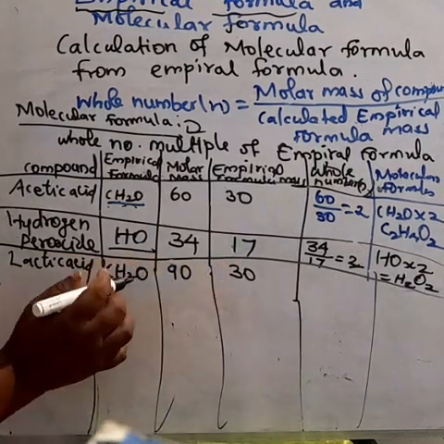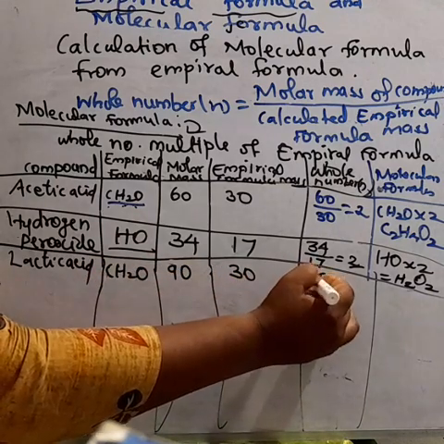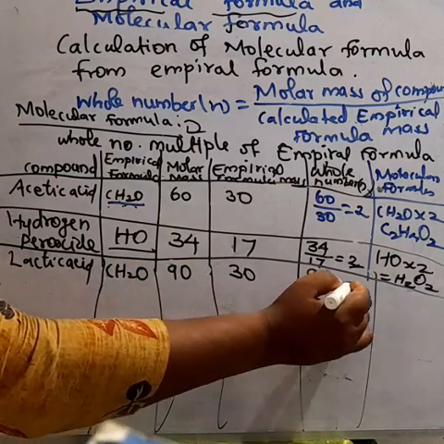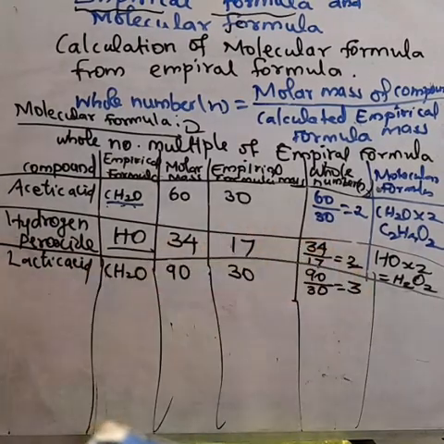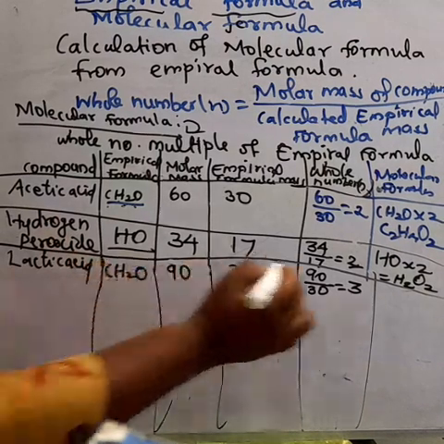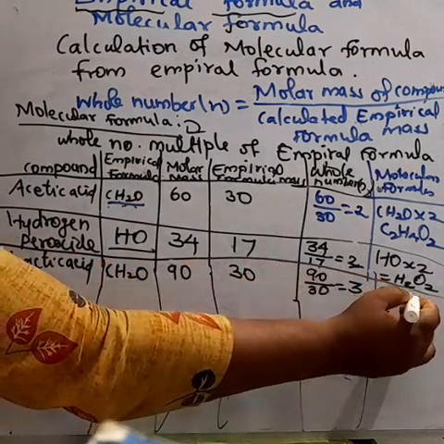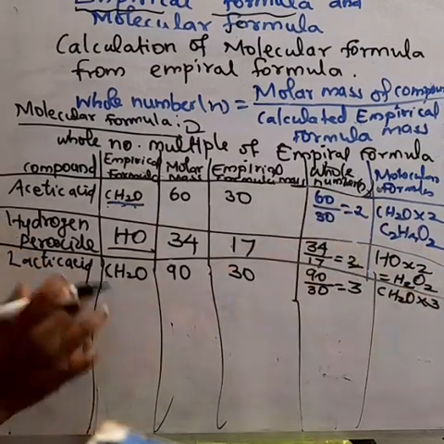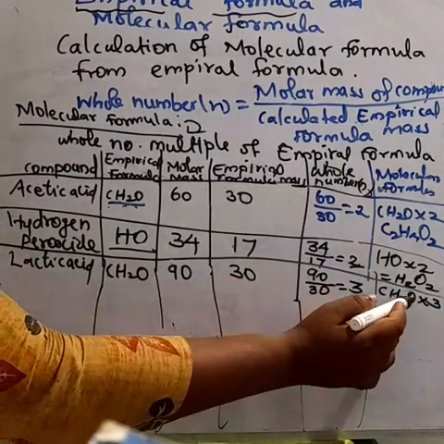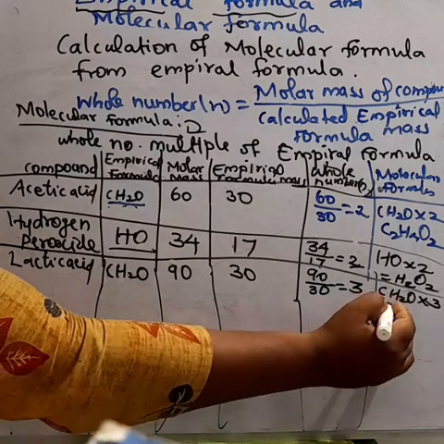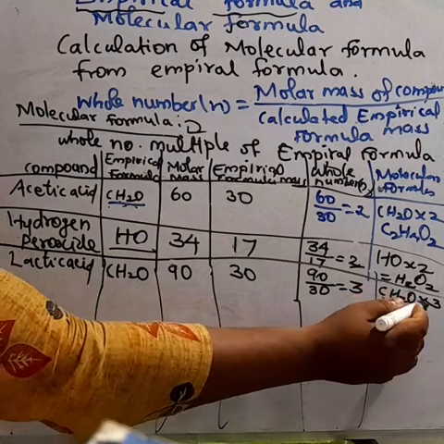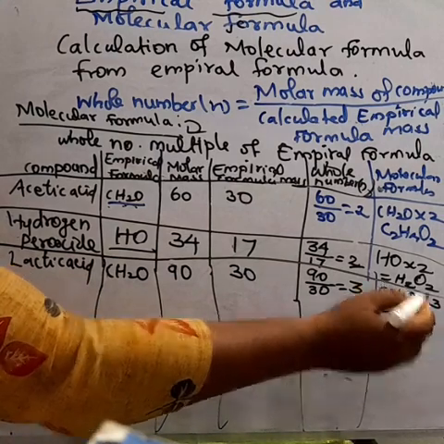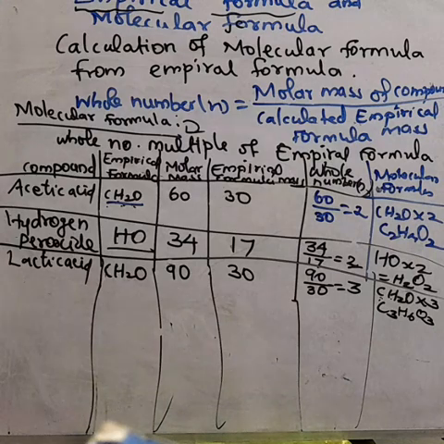Whole number is molar mass by empirical formula mass, 90 divided by 30, we get 3. Multiplying the empirical formula CH2O by 3: carbon 1 into 3, C3, hydrogen 2 into 3, 6, oxygen 1 into 3, 3. So C3H6O3.